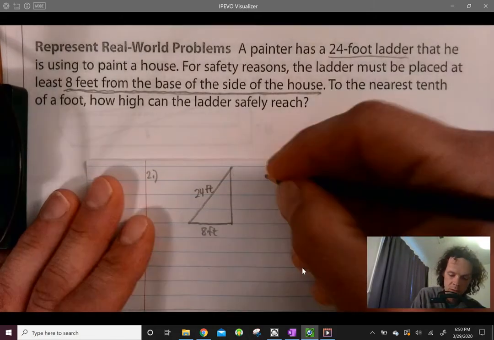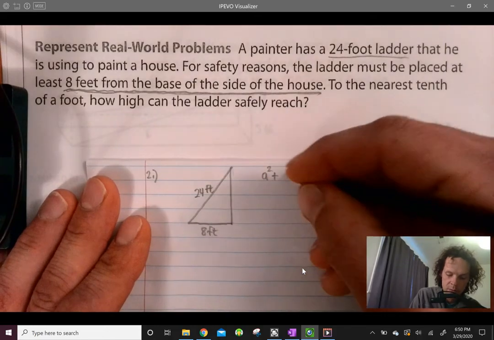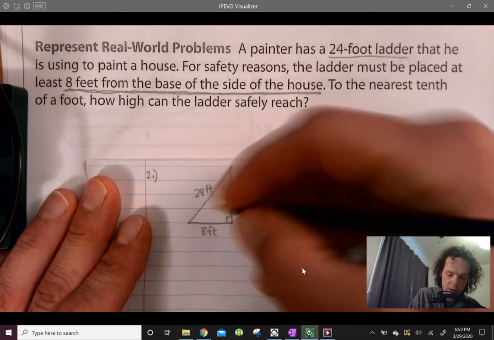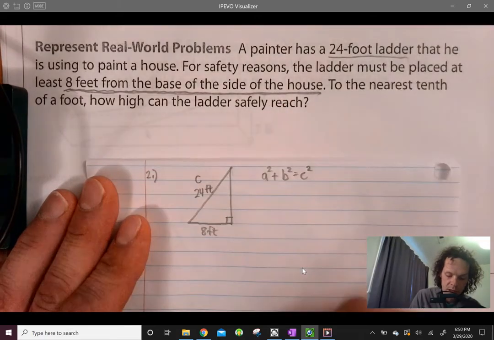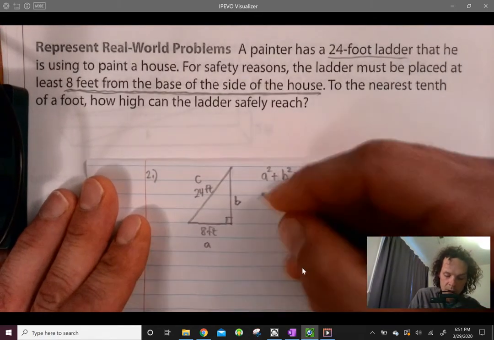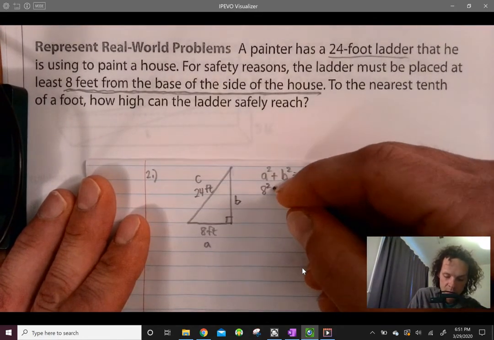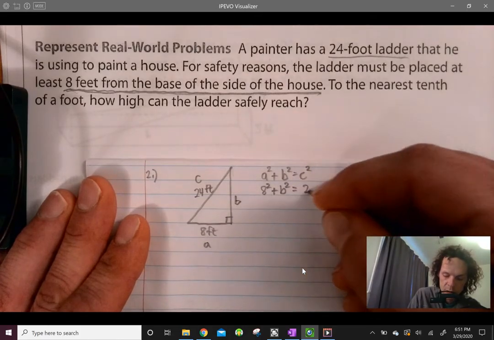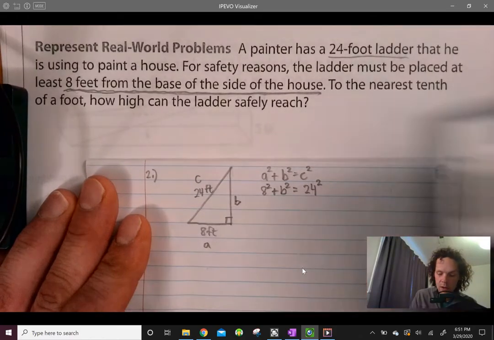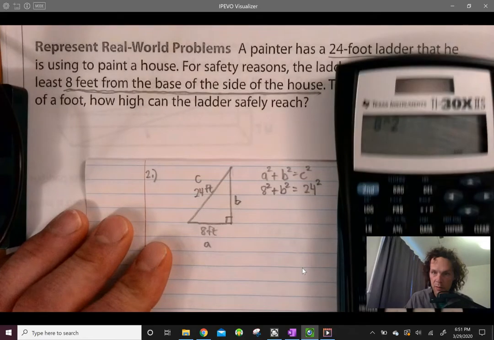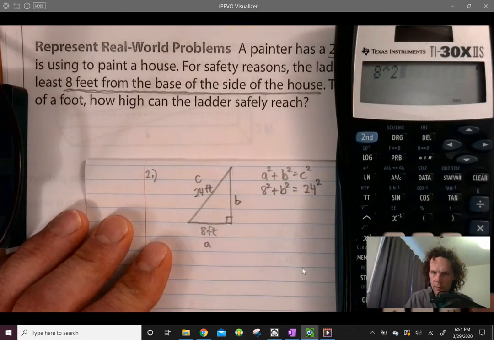Okay, so I know a squared plus b squared equals c squared, and this is a right triangle. So this is the hypotenuse, and this is a or b, and this is a or b. And so we'll do 8 squared plus b squared, we still don't know what that is, equals 24 squared. Let me just work this out. 8 to the second power equals 64.